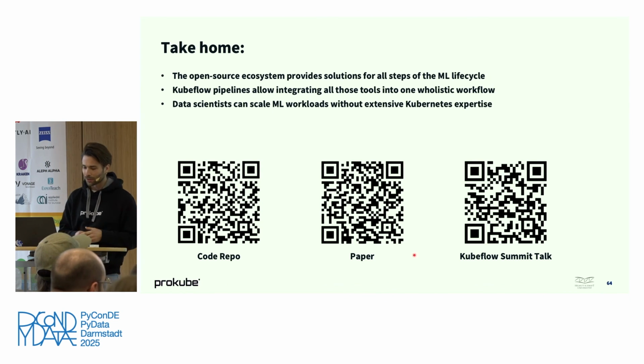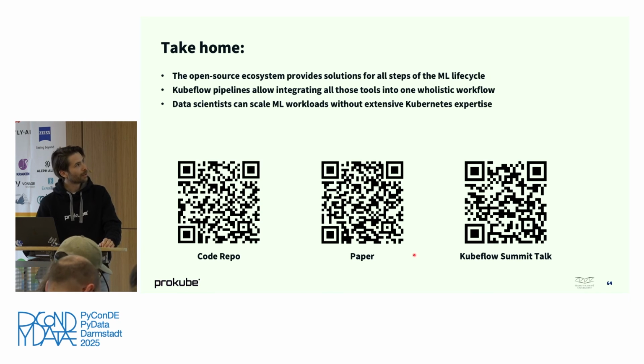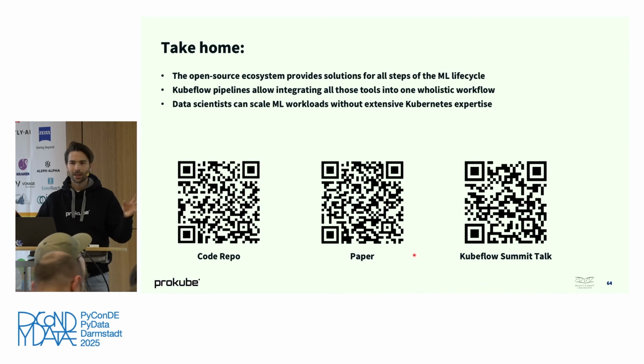You don't have to go to expensive solutions here. Also, specifically, Kubeflow pipelines lets you integrate everything in a holistic end-to-end framework. And data scientists like myself can actually use tools like Kubeflow to massively scale ML workloads.